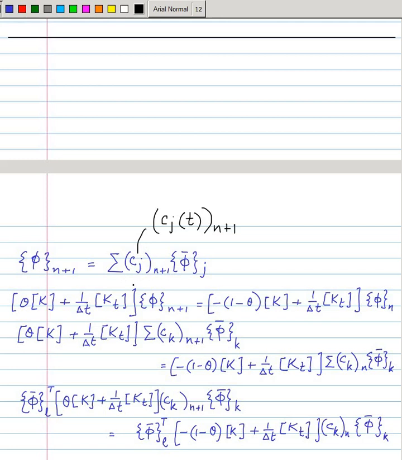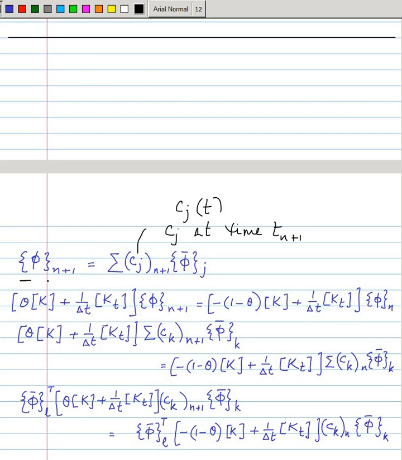Sorry, here we made a mistake. This is a function of time, but since the Cj's are functions of time, we should write Cj at time t n plus 1.